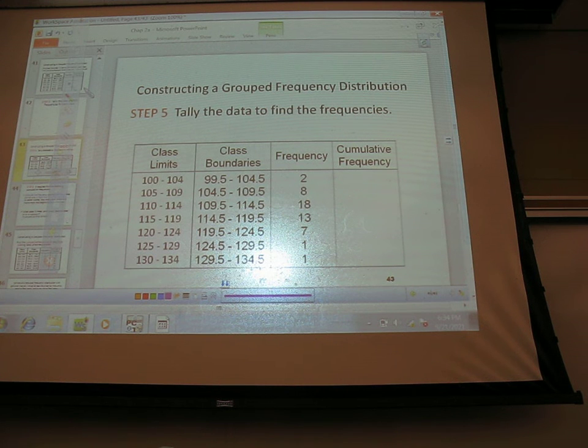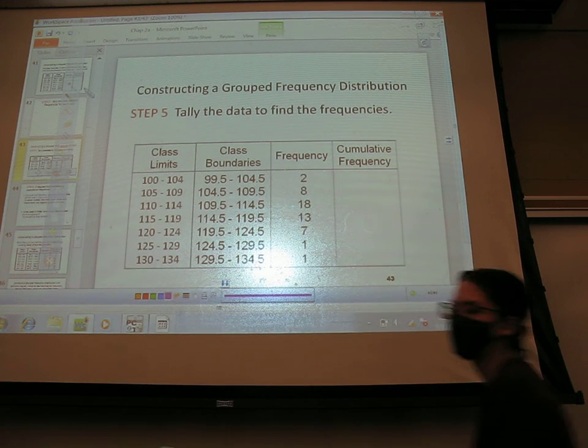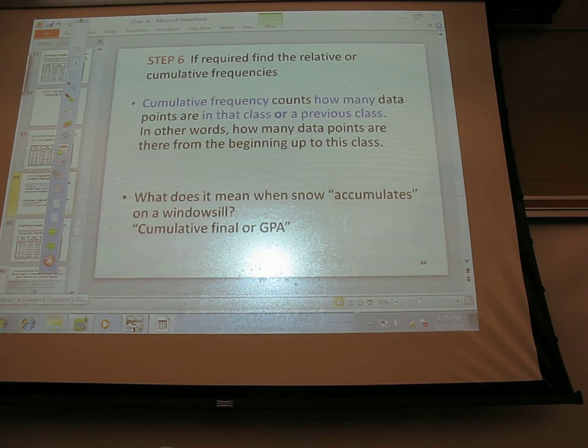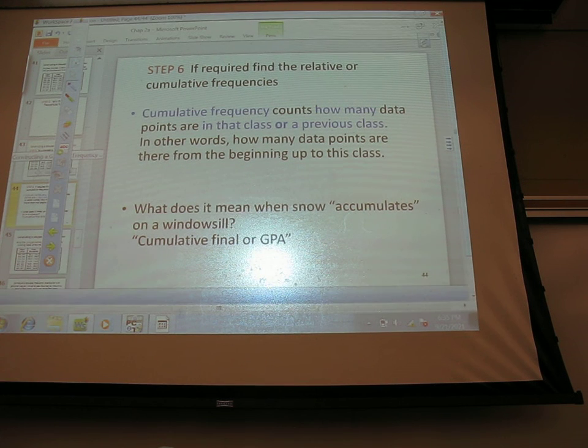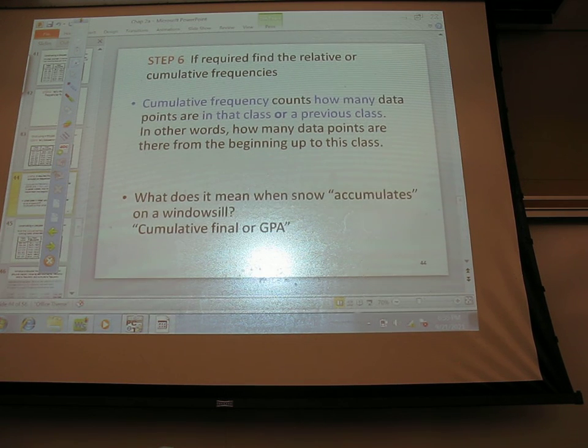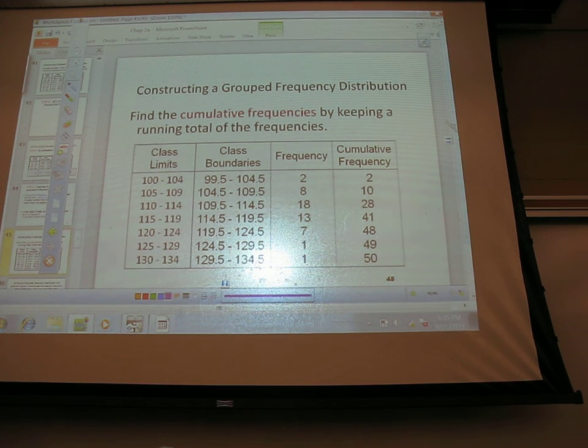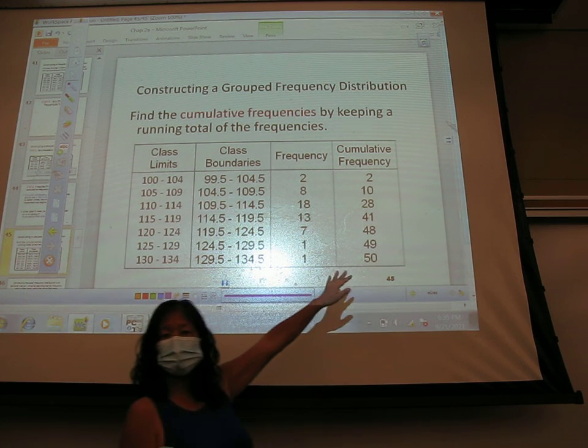So you start on 2, then 10, so on and so forth. 28. Do you know what I mean? All right, is the way you guys should have your cumulative frequency? Yes.